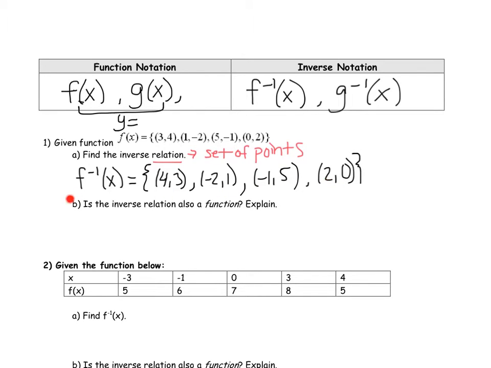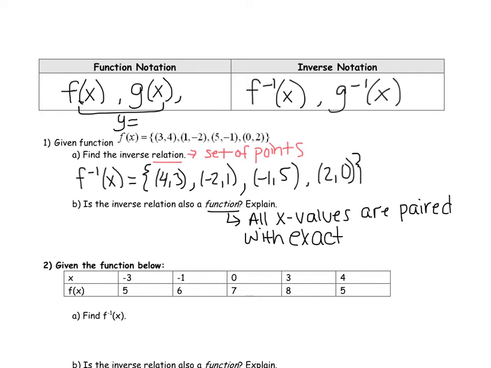Now this question is this inverse relation, this set of points, is it a function? Well, we say a relation is a function if all the x values are paired with exactly one y value.